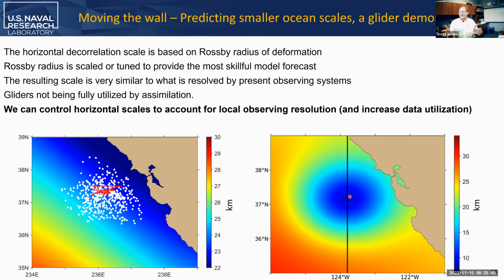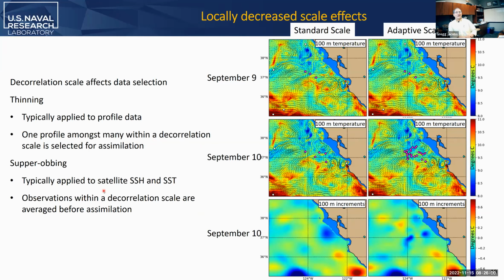So 9 turns into 99 kilometers. The scale in the center of the glider distribution is consistent with the resolution that they were able to observe. Great. So we ran those two experiments side by side, one using the standard scale for assimilation, one using that scale reduced in the location of the glider data.